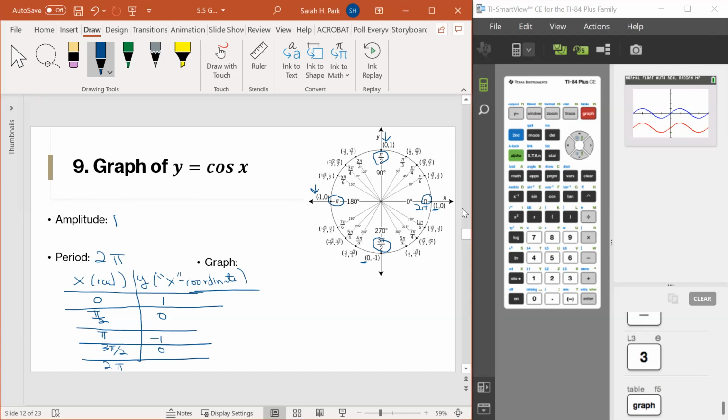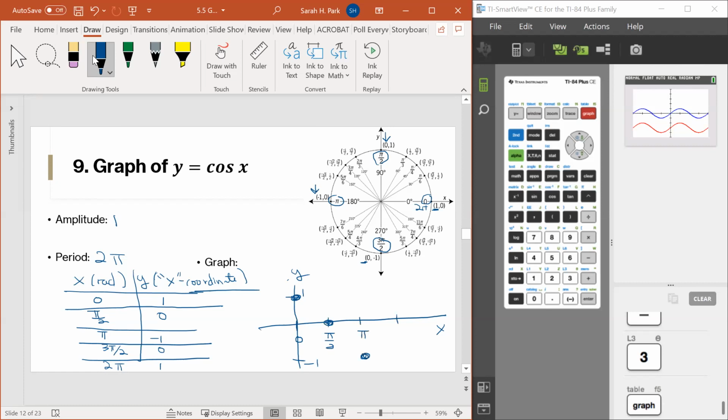So using that, the cosine function looks like this: at 0 radians, it's 1. At pi over 2, it's 0. At pi, it's -1.